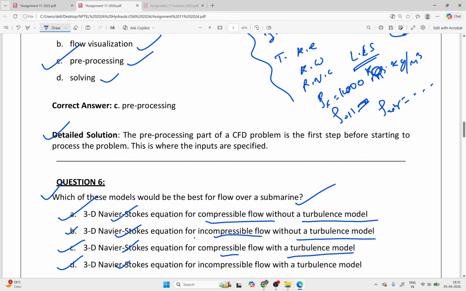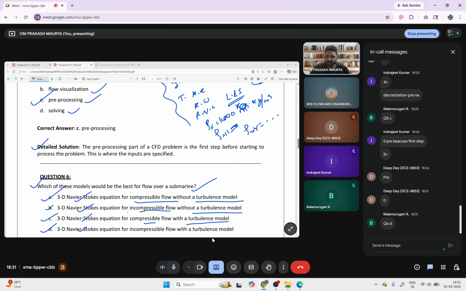So you have to think about whether you will go without a turbulence model or with a turbulence model, compressible or incompressible. You have to think very clearly. Okay, based on your understanding, Deep is telling D option, 3D Navier-Stokes equation for incompressible flow with turbulence model. Bala is also telling option D. Nice.